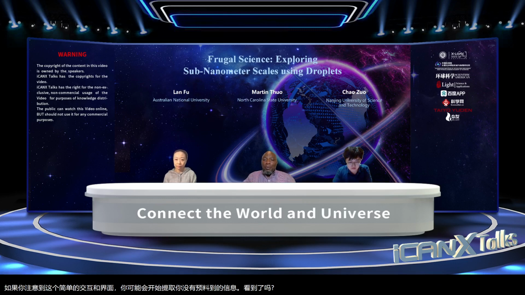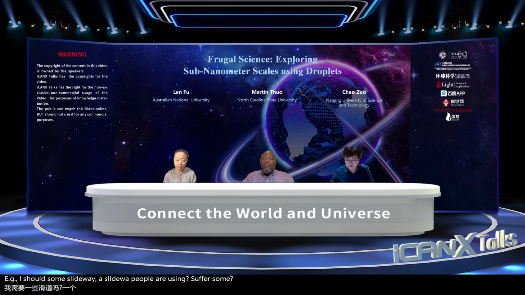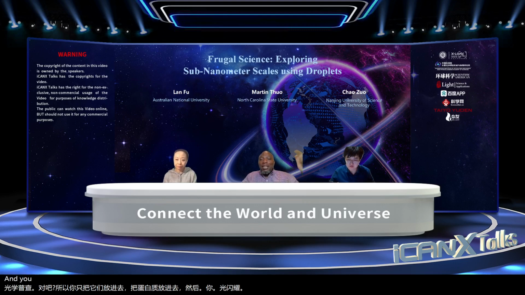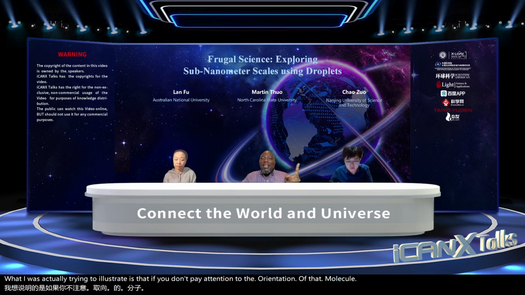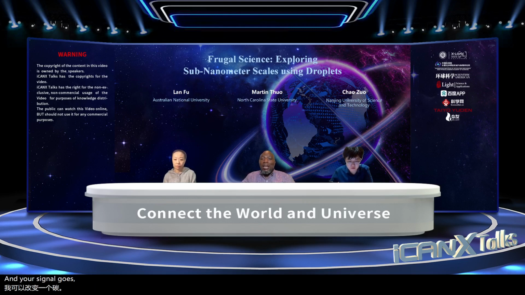For example, I showed a slide where people are using self-assembled monolayers for optical sensors. You put the monolayer down, you put your protein in there, and then you shine light, and you expect the response to be independent of that monolayer. What I was actually trying to illustrate is that if you don't pay attention to the orientation of that molecule, I can change one carbon and your signal goes haywire.